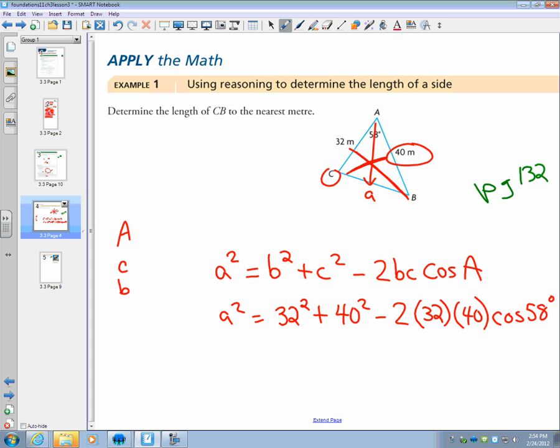Okay, I want to do as much of this as we can in our calculator. The more you can do in the calculator, the better your answer will be, and the less headaches, less chance of errors.